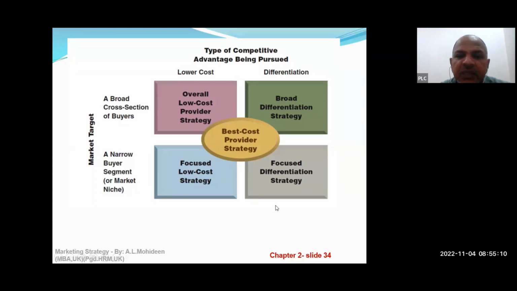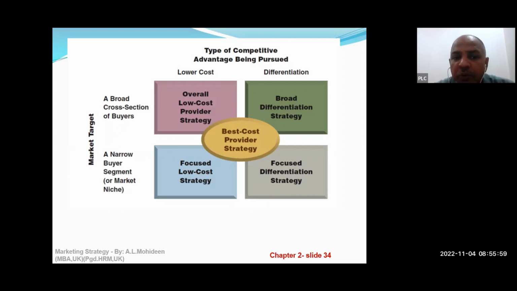Okay, when you look at this business, you are going to have this kind of strategy. These are the strategies. When you target the market, broad cross sections of buyers, narrow buyer segments. If you go for narrow focused low cost strategy, the same low cost.